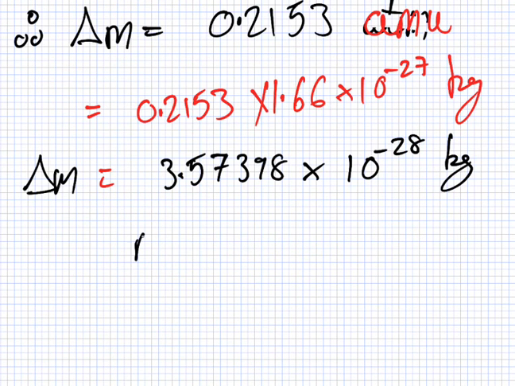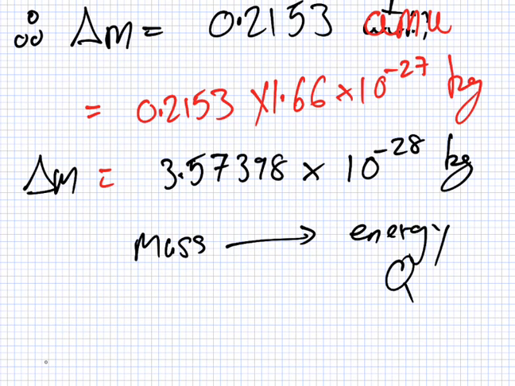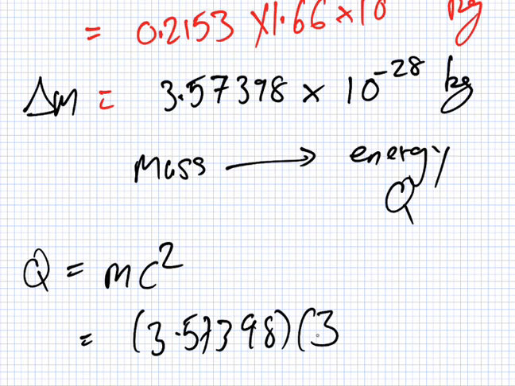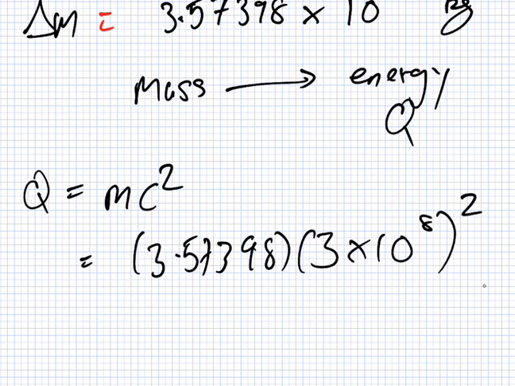This mass was converted into energy, which they call Q in the question. So the energy is mc squared. That equals 3.57398 times 3 times 10 to the 8 squared, the speed of light. This is going to be a huge number.